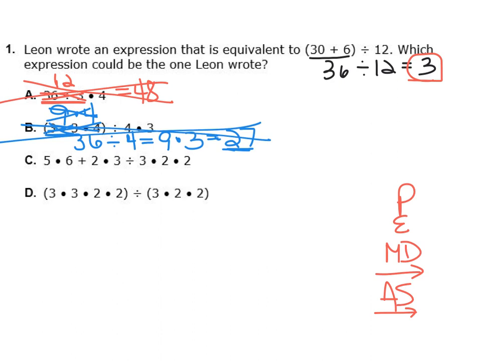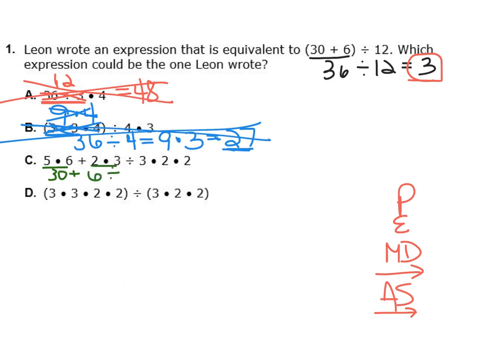C. Now C, same thing, we're looking to see. We're going to go ahead and solve it using order of operations. So let's go ahead and get started with that. Now if you notice, we have multiplication first. There's no parentheses, there's no exponents, so we're skipping those steps. So multiplication is 30, then plus another multiplication, that's 6.